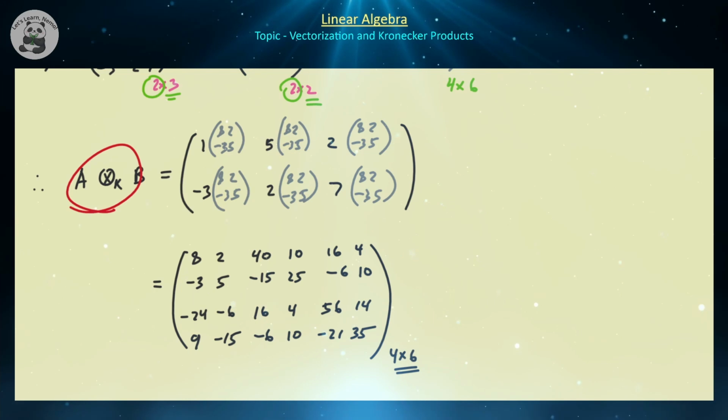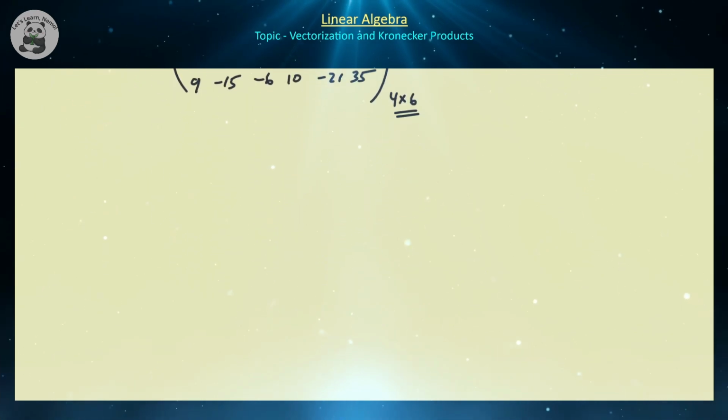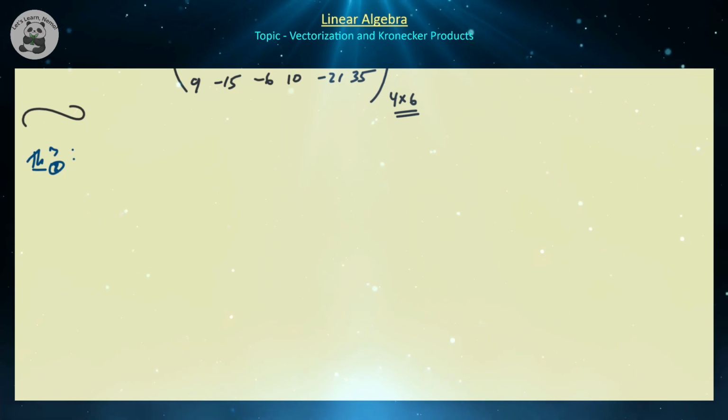So let's go through some theoretical properties associated to Kronecker products that are actually quite useful to know. I'm not going to prove these, at least for now, and I'll leave some of these for your curiosity to solve. The first one is pretty easy to prove.